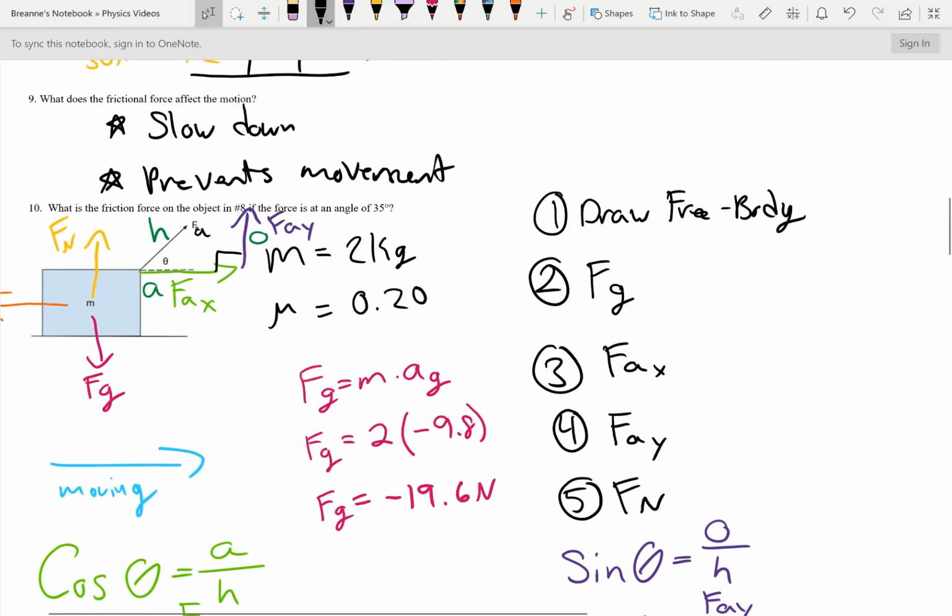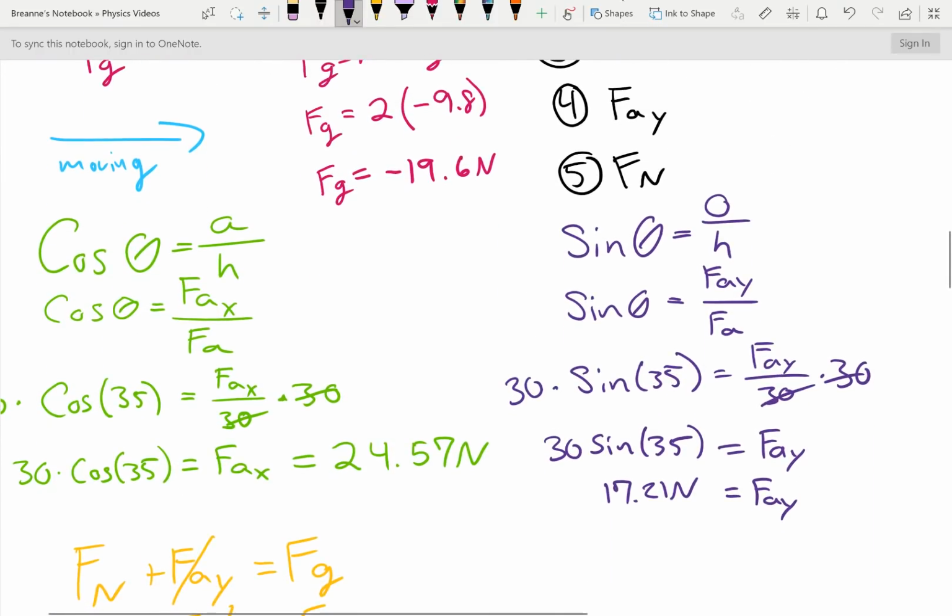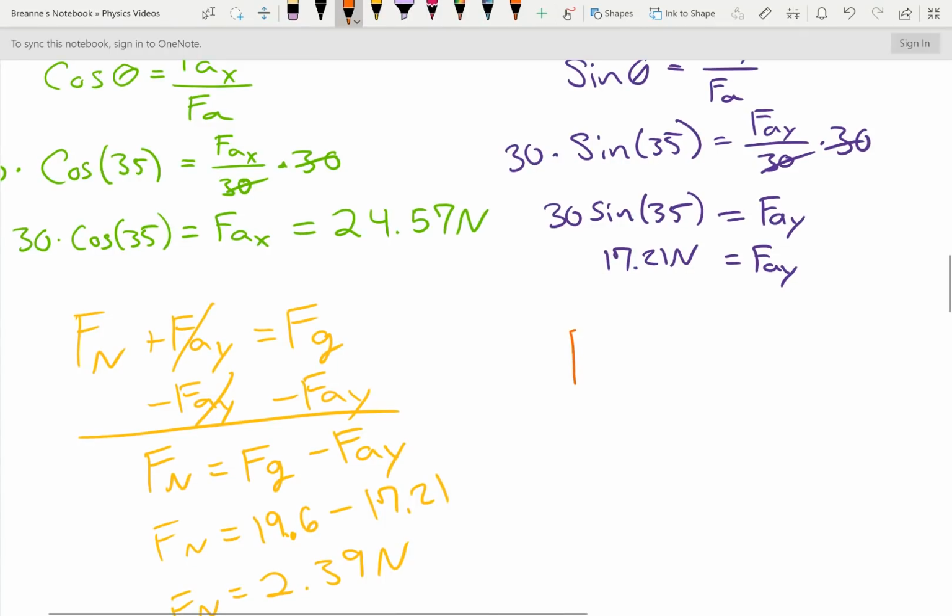Step 6 is asking for your force of friction. So your force of friction is just your friction equation, which is your mu times your normal force. Your mu in this case is 0.2. Your force of normal, we just figured out, is 2.39.